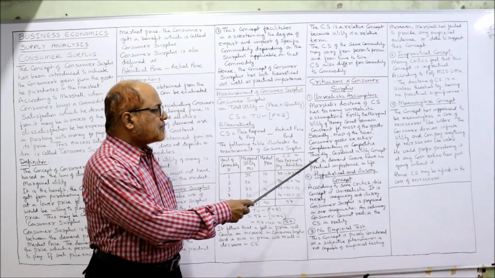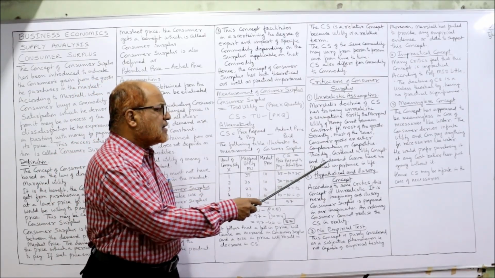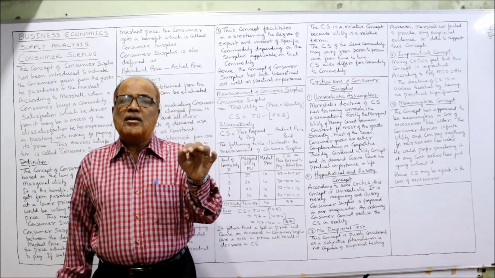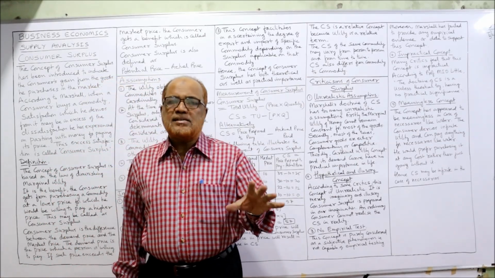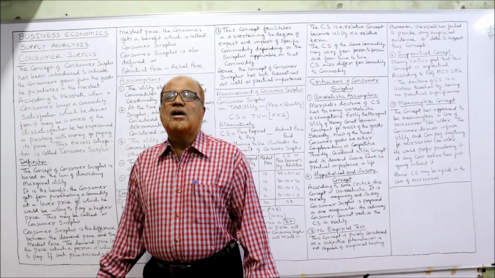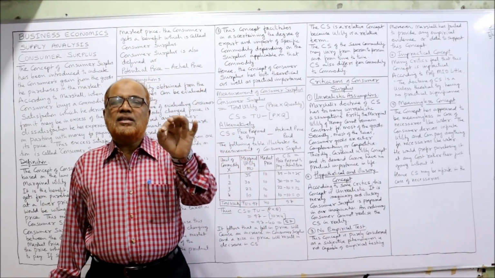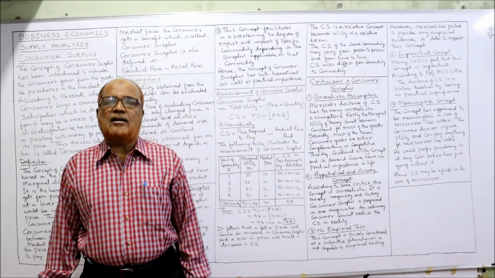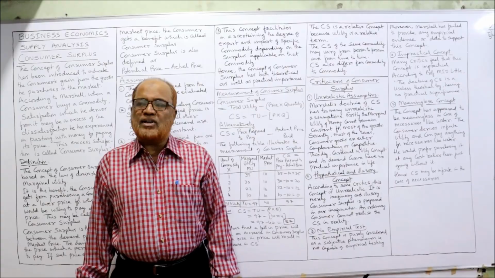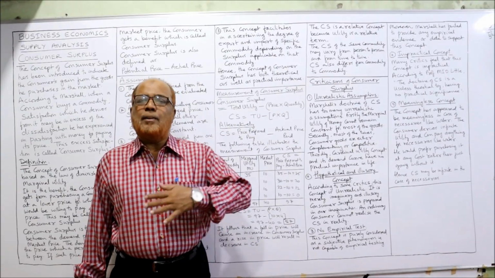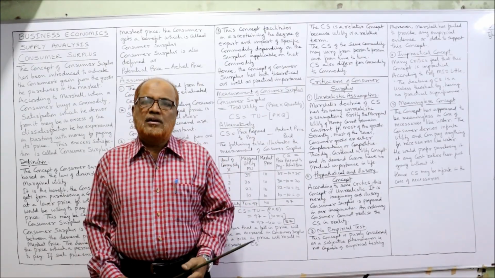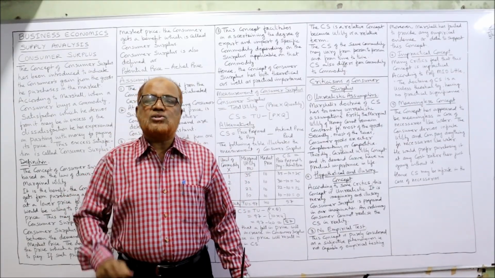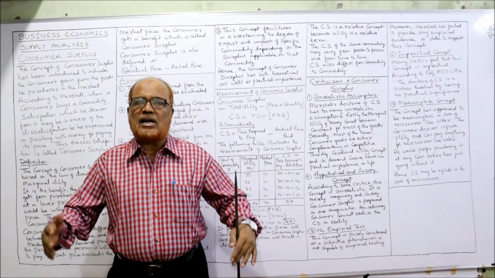Then thirdly, cardinal utility concept and its demand curve have no practical importance. Cardinal utility is the basic assumption of consumer surplus. Cardinal utility means the satisfaction is measurable, but in reality, the satisfaction cannot be measured. For example, a person is very thirsty. When he drinks a glass of water, it gives him maximum satisfaction.